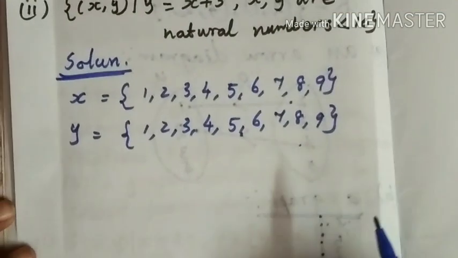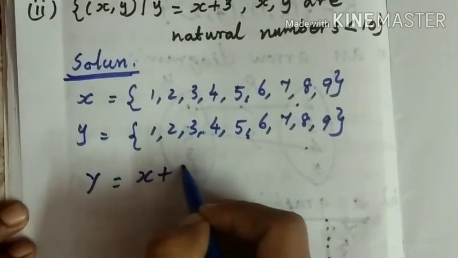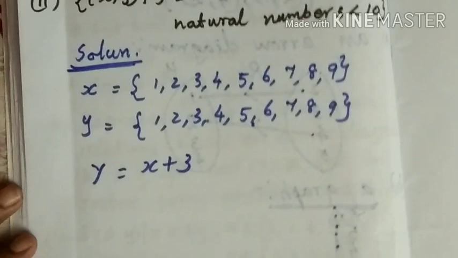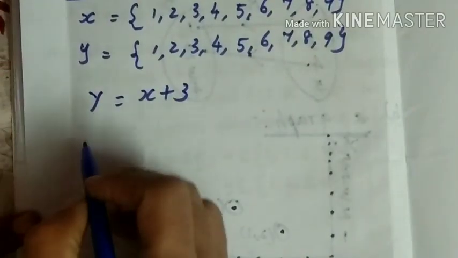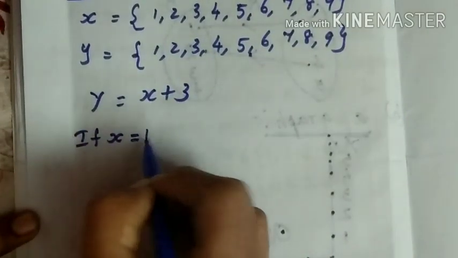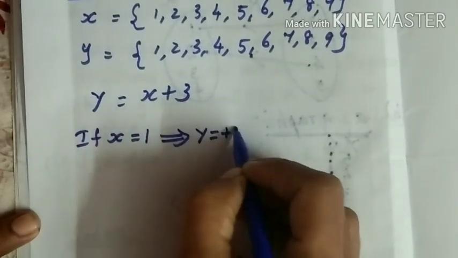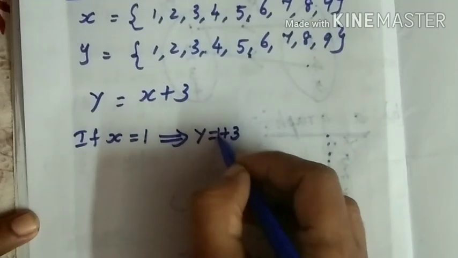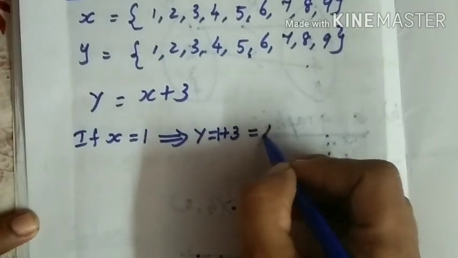In the relation condition, y equals x plus 3. Now we have to find the ordered pairs of the relation. See, if x equals 1, then y equals 1 plus 3, that is 4.